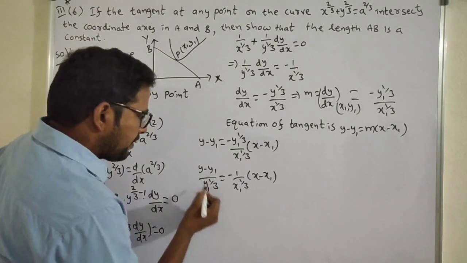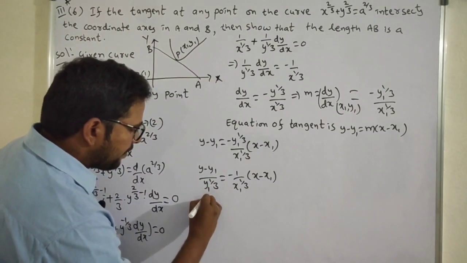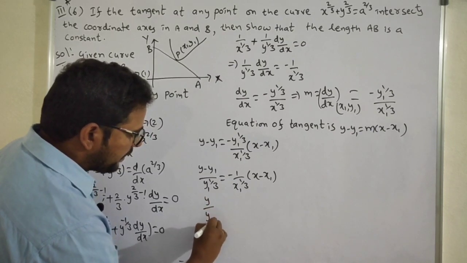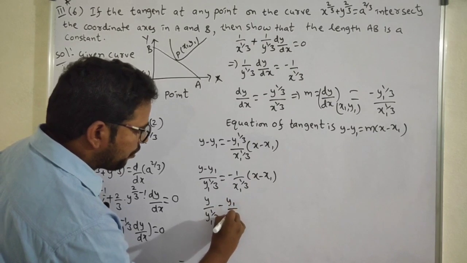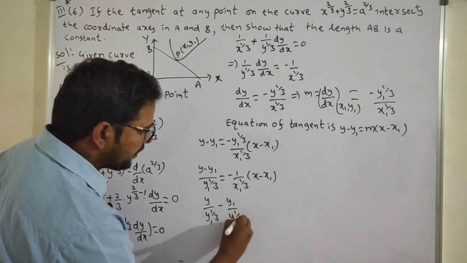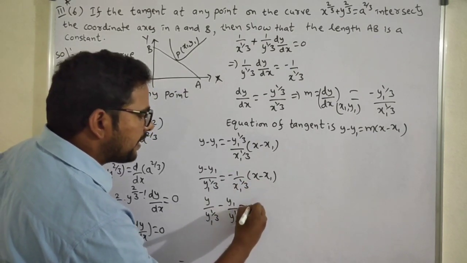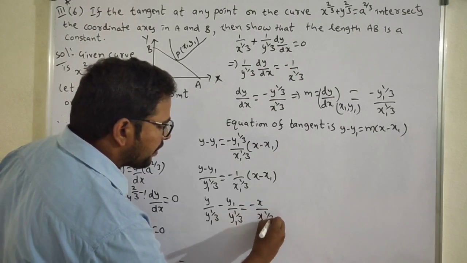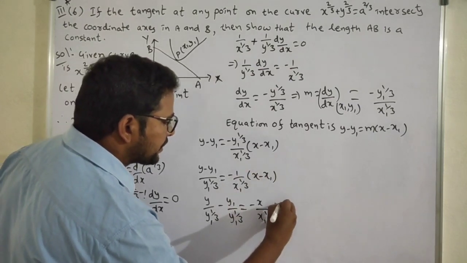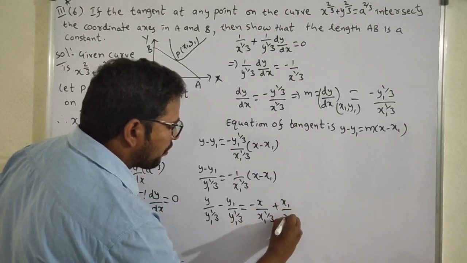So write it separately here. y by y1 power 1 by 3 minus y1 by y1 power 1 by 3 is equal to minus x by x1 power 1 by 3 plus x1 by x1 power 1 by 3.